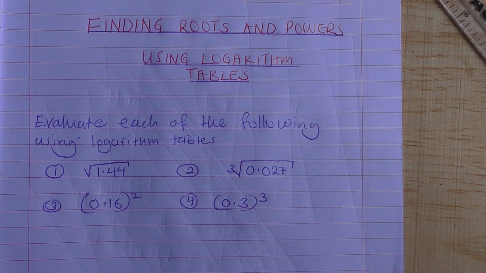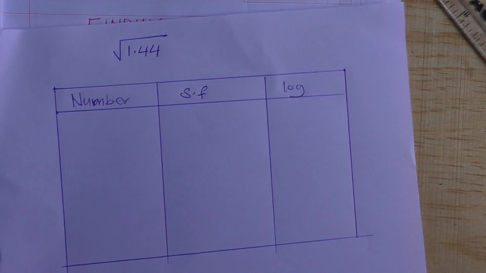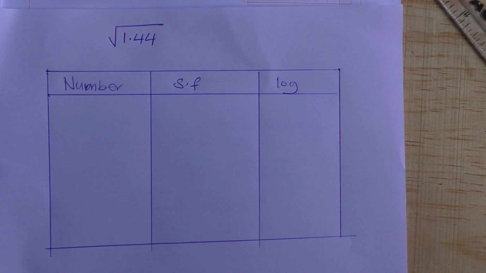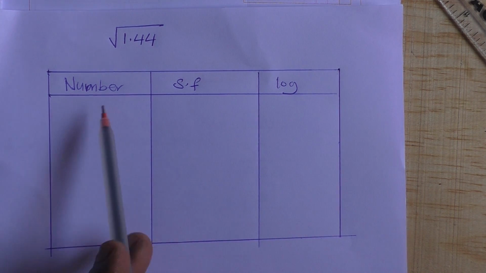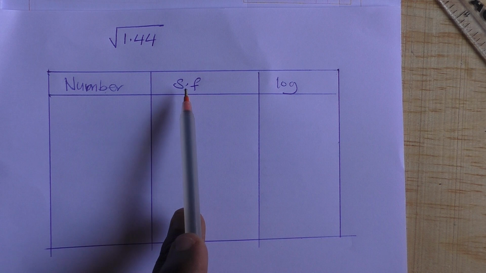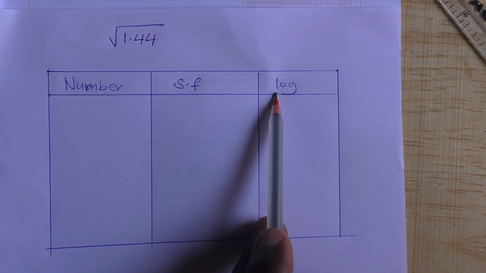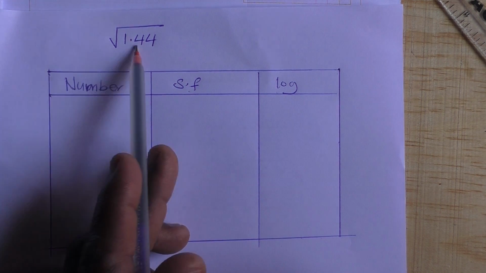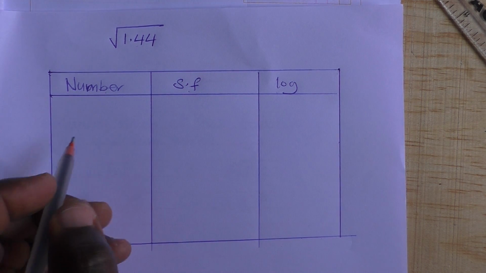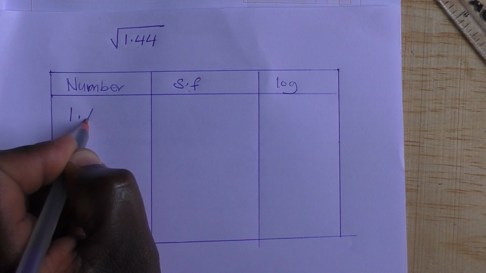When using log tables, this is how the log table looks like. It has a column of number, standard form, and the log. So our number we are operating is 1.44.